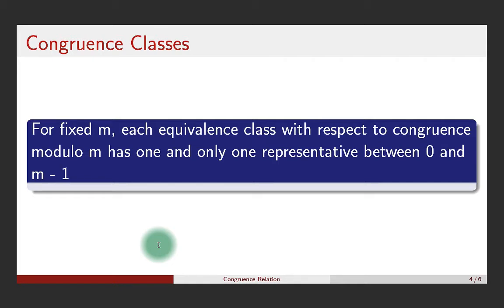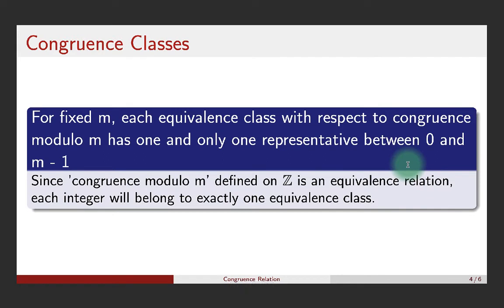In our case, the set is Z. For a fixed integer m, each equivalence class with respect to congruence modulo m has one and only one representative between 0 and m minus 1. Each integer will belong to exactly one equivalence class.